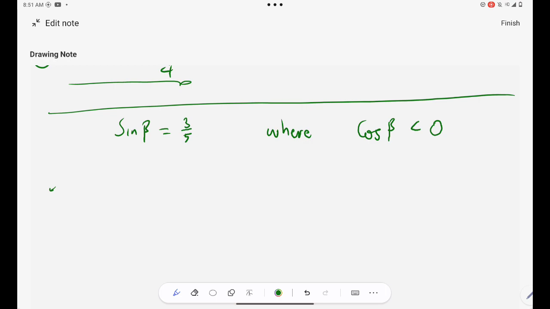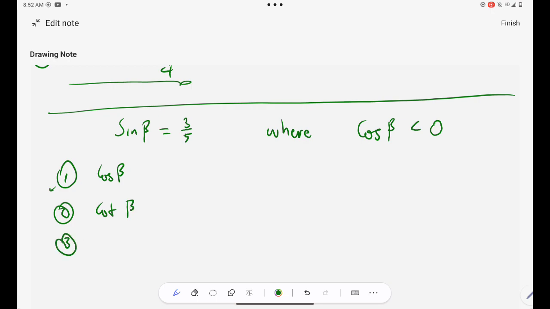The only thing we need to do, because we will be asked to not use the calculator, is this. Or you can just pause the video and do this on your own. Number one, maybe they'll say to you, calculate cos beta. Number two, cot beta.